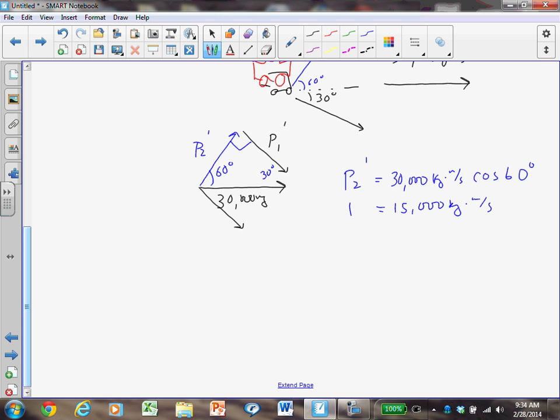So you know in a 30, 60, 90 that the short leg is a half. And then P1 prime would be 30,000 times the sine of 60.